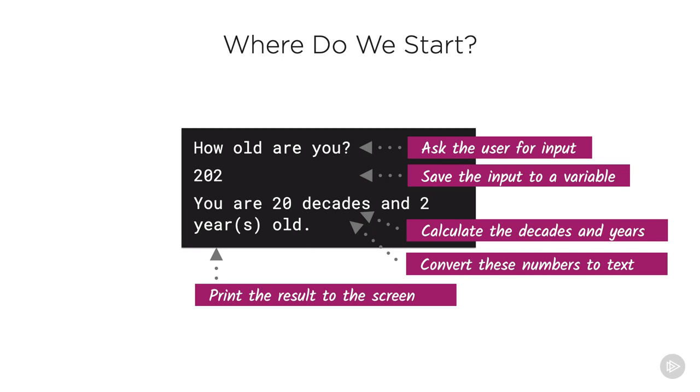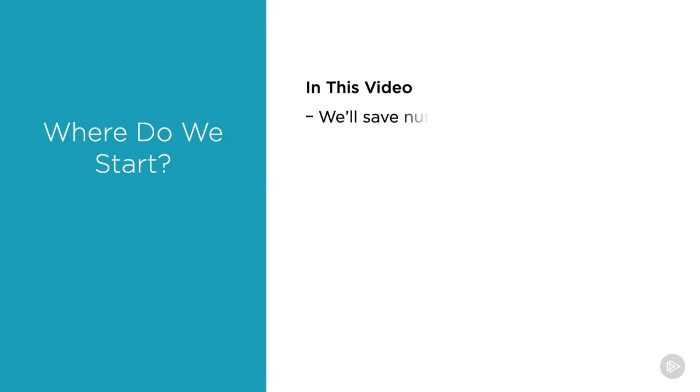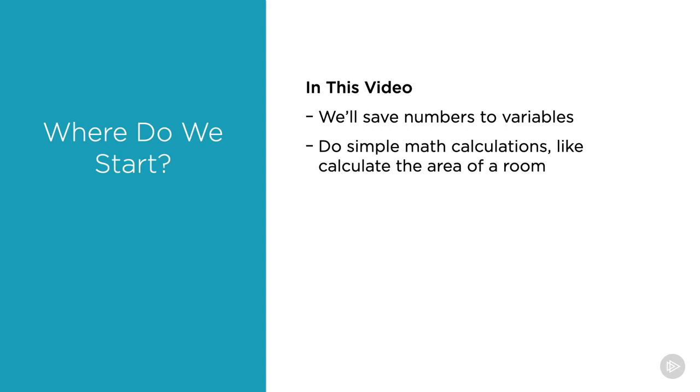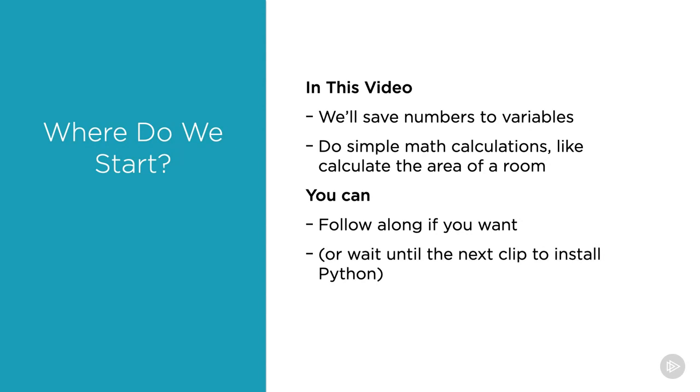By the end of this module, you'll see how to do all of these things to create our age calculator. We'll start by saving numbers to variables and doing simple math calculations in this video. And you can follow along if you want in your own Python interpreter, or wait until the next video to install Python.